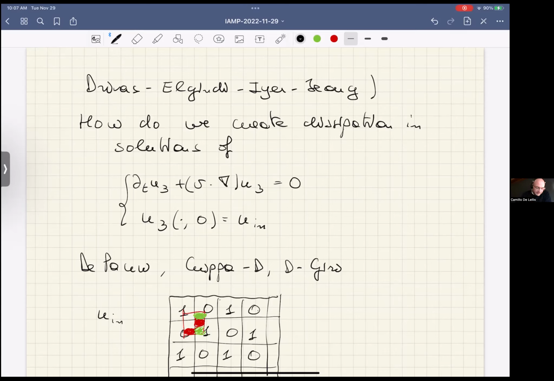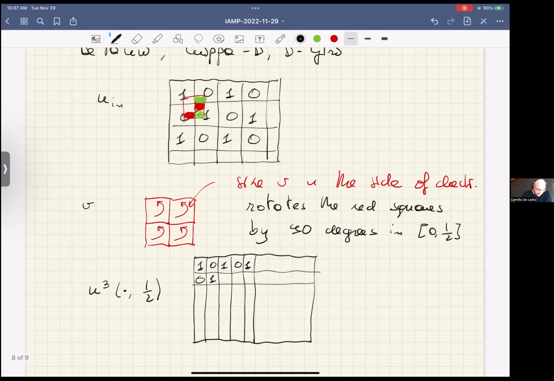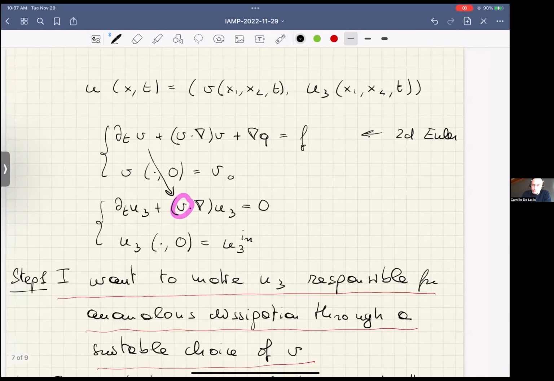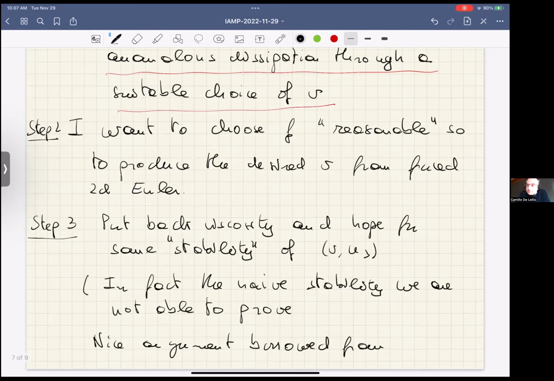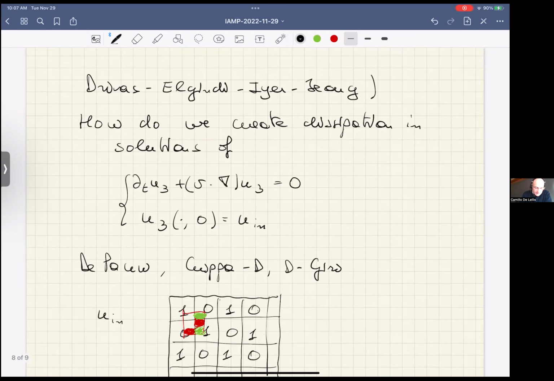So even at this level, in this step 3 that I told you, we already face that problem. And there is this nice dichotomy, which we learned from this paper by Drivas, Elgindi, Iyer, and Jeong, which essentially bypasses the hard PDE problem of really proving that the advection diffusion equation is as stable as you would expect.